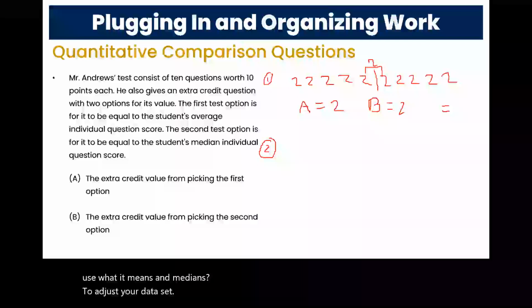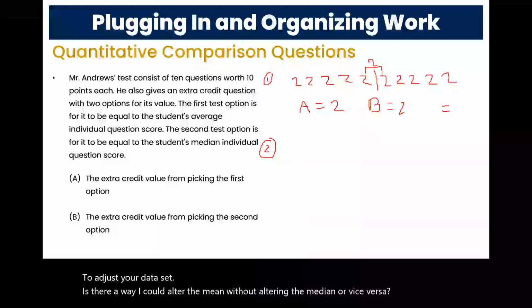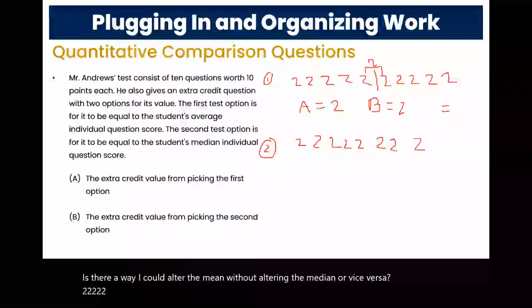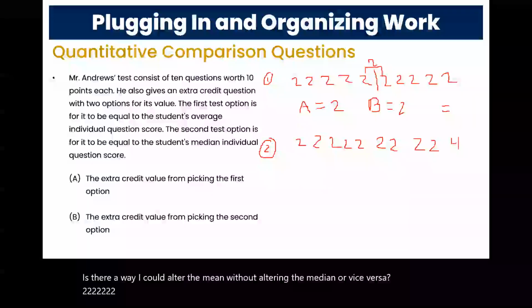Is there a way I could alter the mean without altering the median or vice versa? Okay. 2, 2, 2, 2, 2, 2, 2, 2, 2, 4.